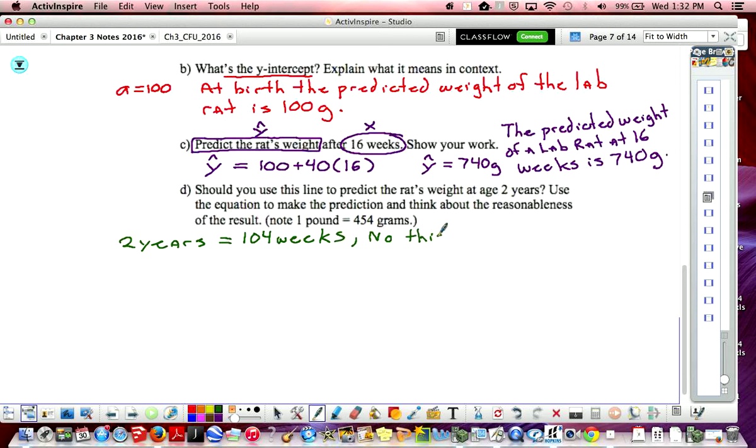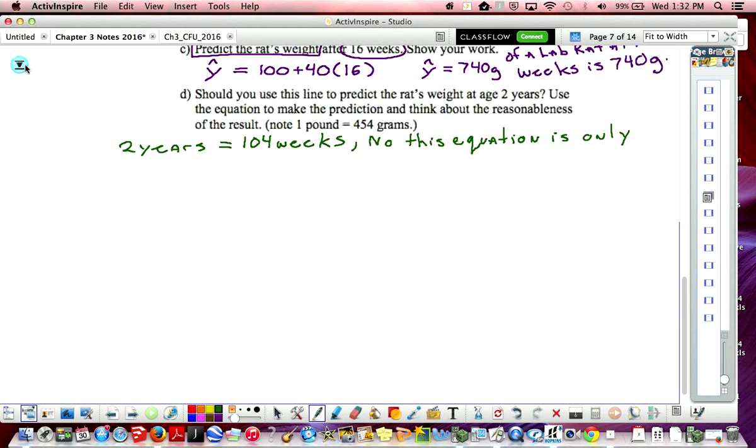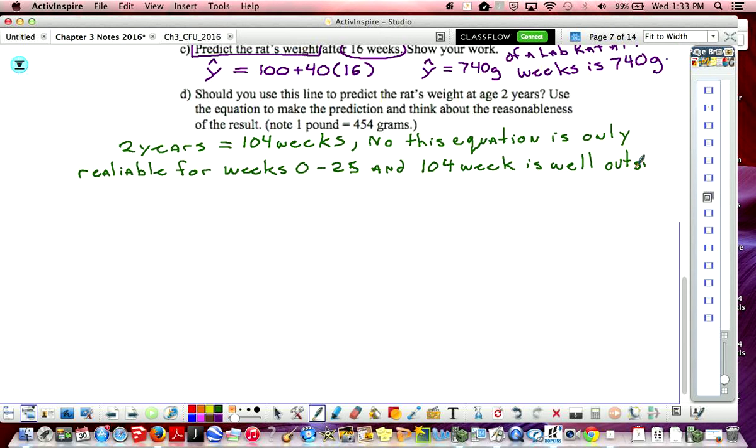No. This equation is only reliable for weeks 0 through 25, and 104 weeks is well outside this interval.